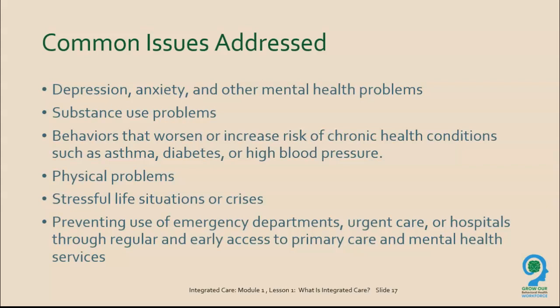And also, it means that somebody's really sick by the time they get there. By making sure that people can regularly and early get access to primary care and mental health services.